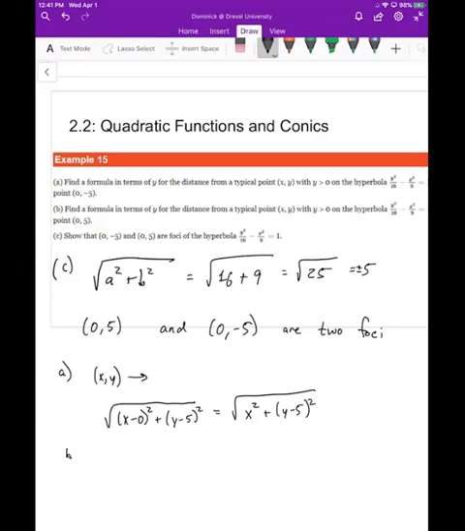And then of course, for part B, we could say the same thing, only now we're looking at -5, so minus a -5 would become a plus 5. So this is the square root of x squared plus (y plus 5) squared. And that would be your distance from each of the two foci points to any arbitrary point.